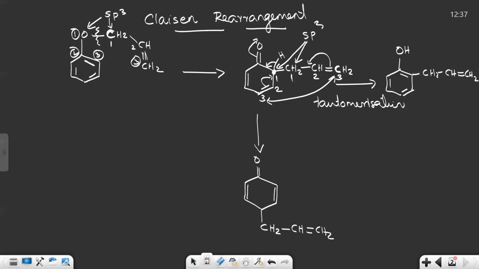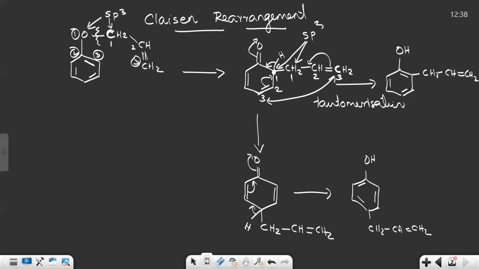And still this compound is not aromatic, and to regain the aromaticity, this hydrogen can get removed as an H plus ion. This bond shifts here, then this becomes O minus, and the compound will be OH. Double bonds are now here, then OH here, then CH2, CH, double bond CH2.